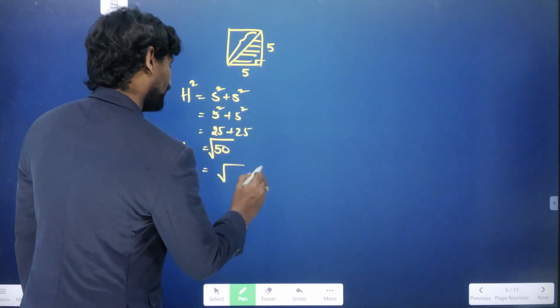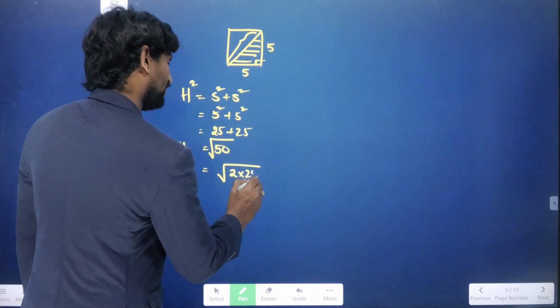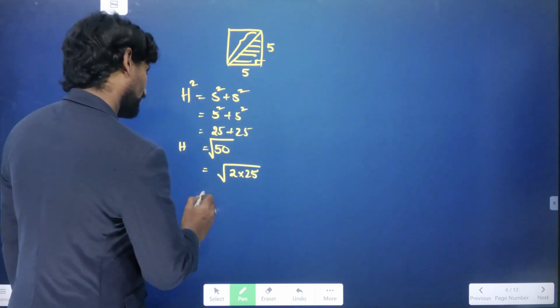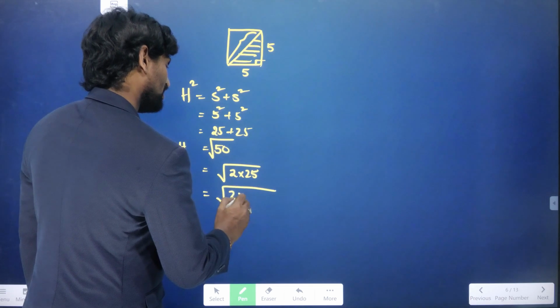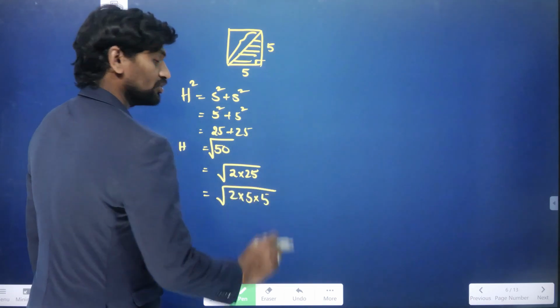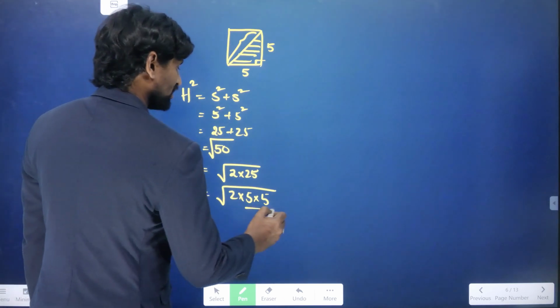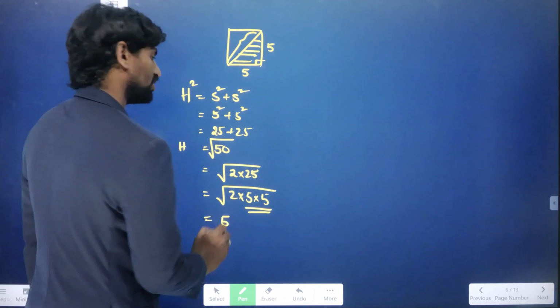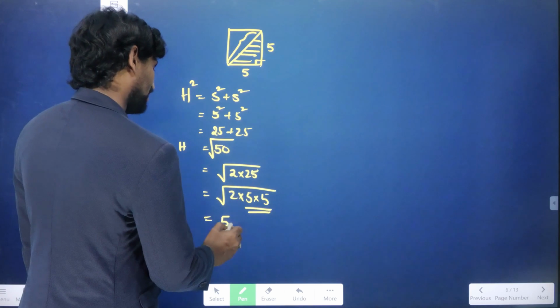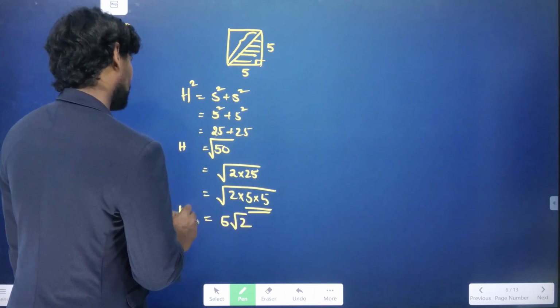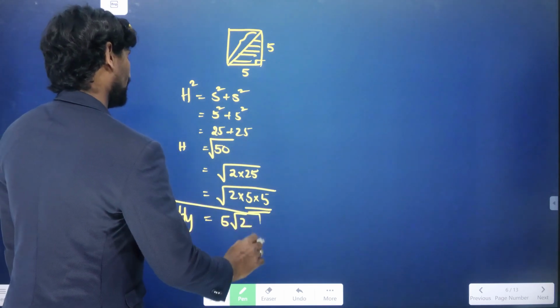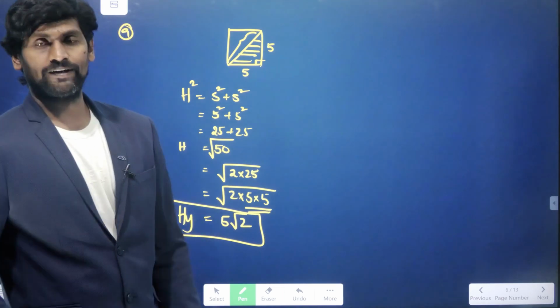We can write 50 as 2 into 25, and 25 can be expressed as 5 into 5. Whenever you see in a square root two same numbers multiplied, one number will come out of the square root and the remaining is root 2. So 5 root 2 is the hypotenuse or diagonal of the square.